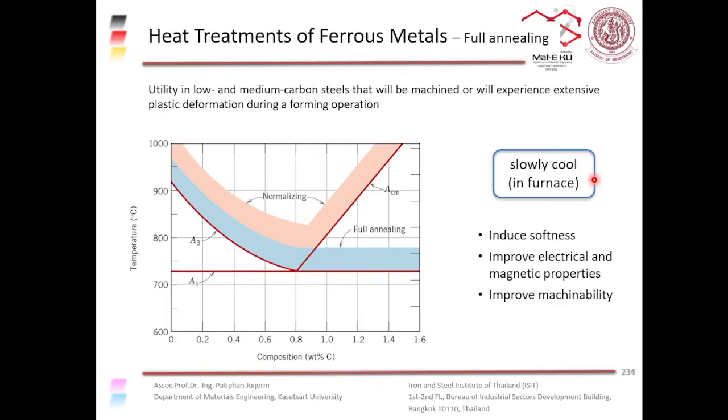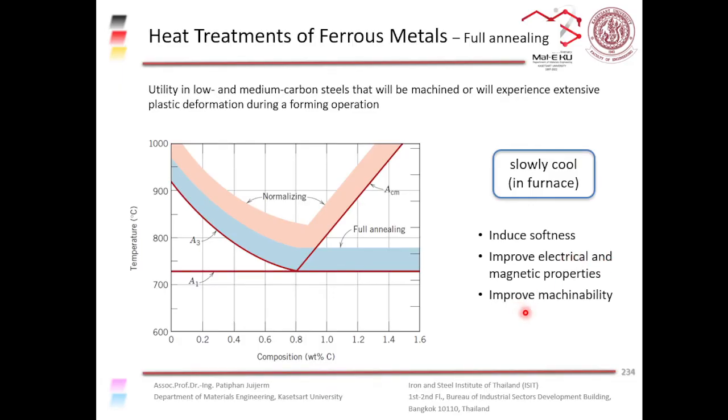And when you have bigger grains, what sort of property can you expect compared to small grains? Okay, when you have bigger grains, you have fewer grain boundaries, right? When you have fewer grain boundaries, it's more ductile. It's less hard, less strong, right? So when you do that, you induce softness.